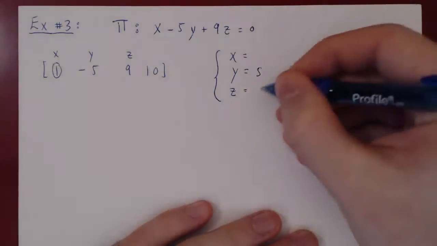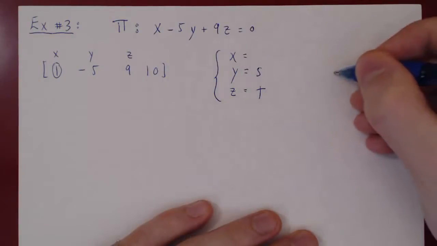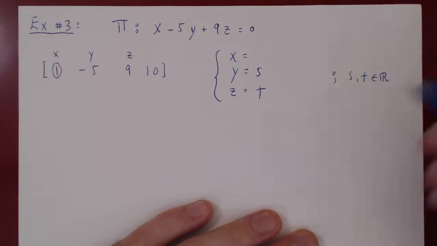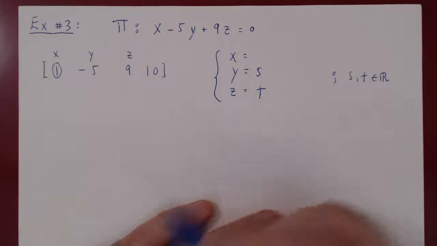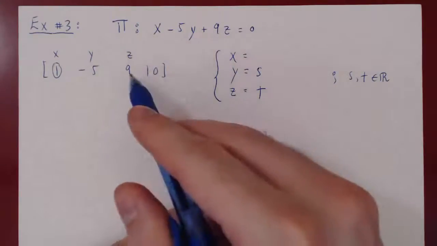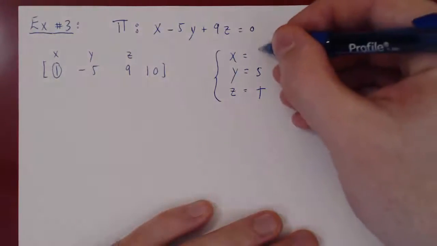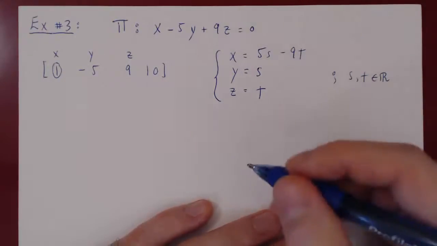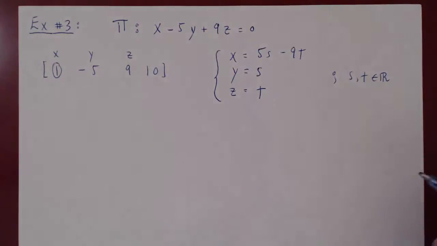Let's say that y equals s, z equals t. Again, s and t are allowed to range over all possible real values. And if you solve for x, you'll get x is equal to 5y minus 9z, therefore 5 times s minus 9t.